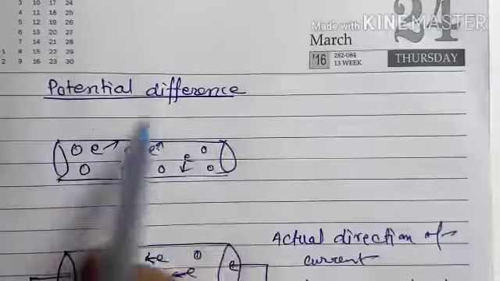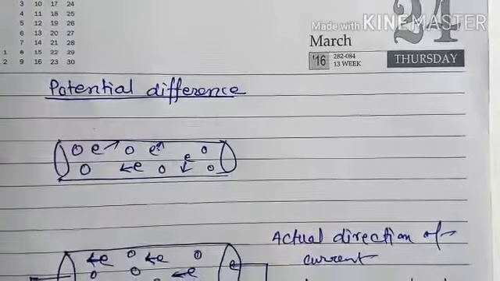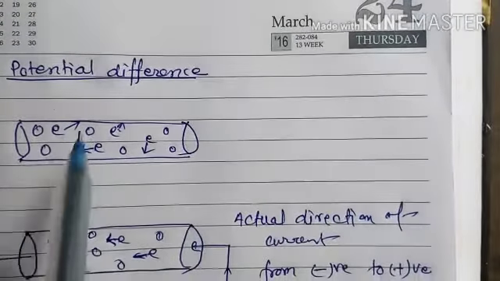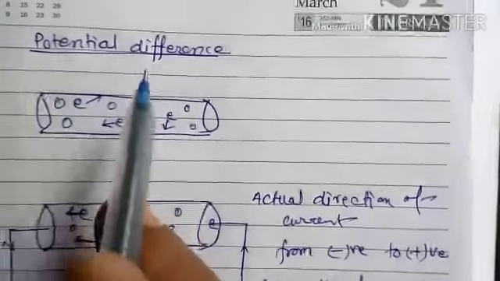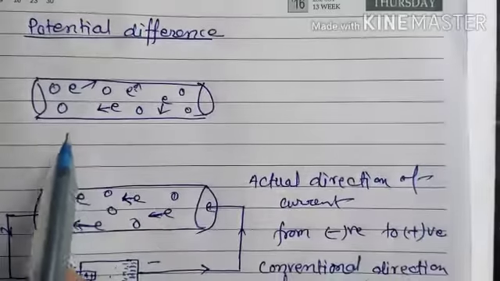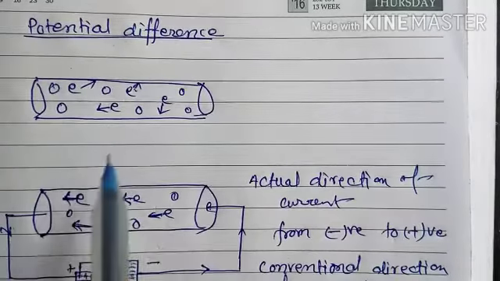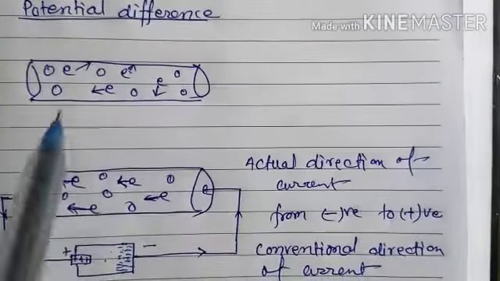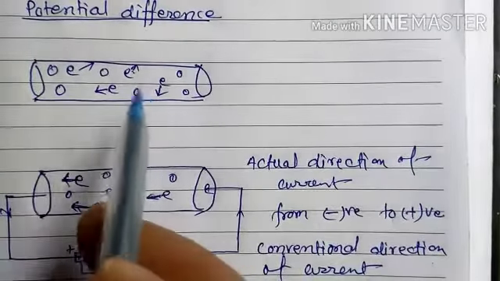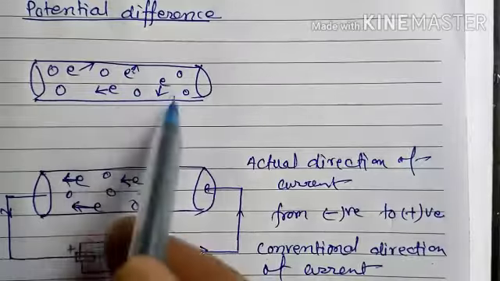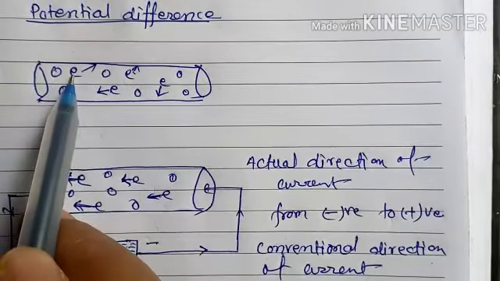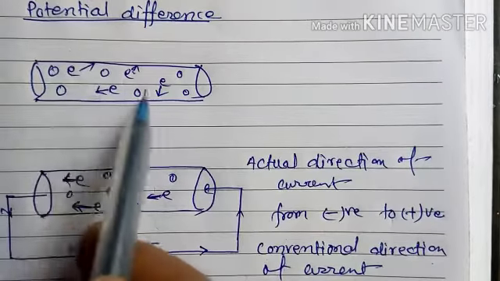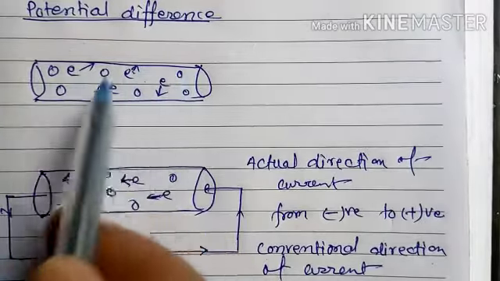Now we'll discuss electric potential difference. Before defining potential difference, we'll discuss the conductor and electric current. How does it pass? We know that in a conductor there are protons and electrons both, but the electrons move freely in the conductor in any direction.